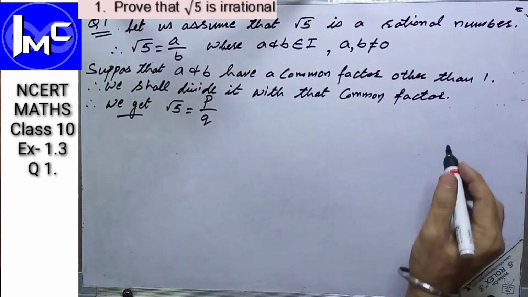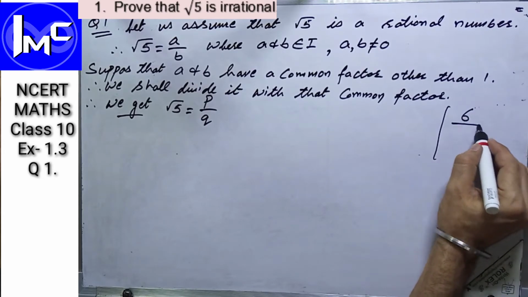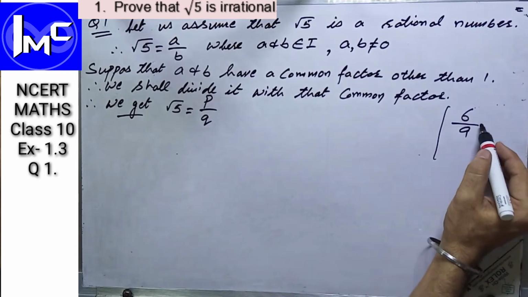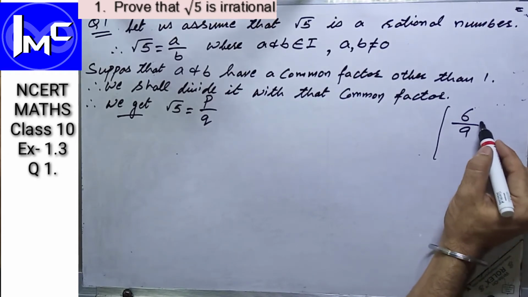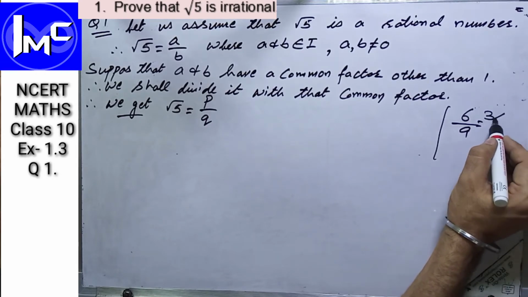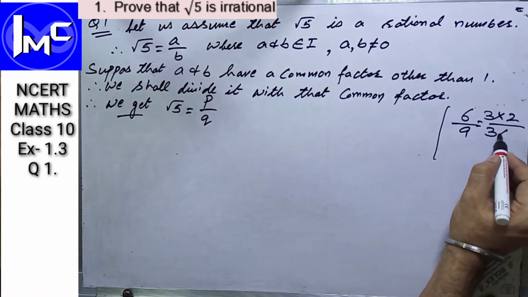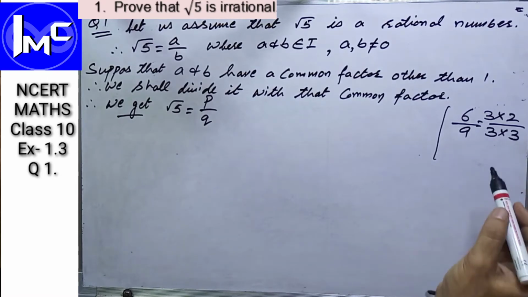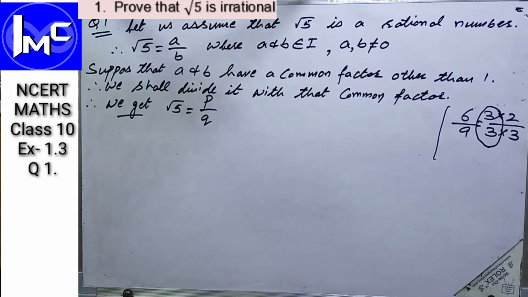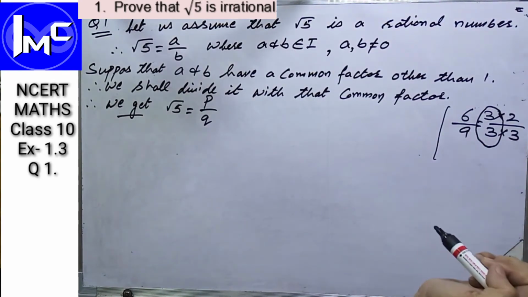Let us say I am taking a rational number 6 by 9, and when you make the factors of these two numbers, that is numerator and denominator, you will get 3 into 2 and 3 into 3, and you see 3 is a common factor between these two numbers 6 and 9.